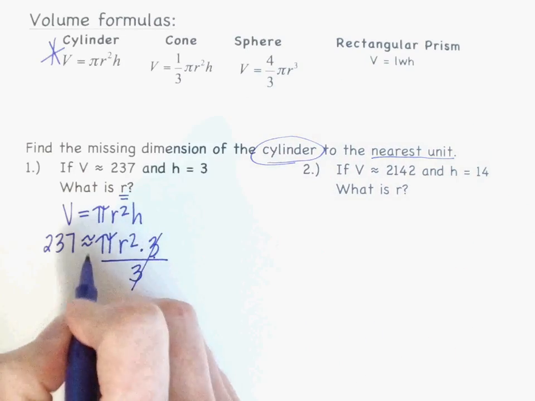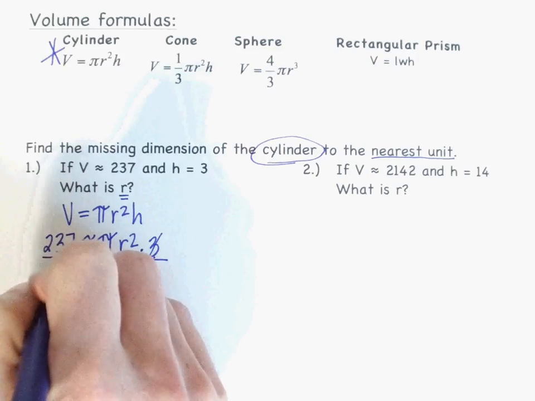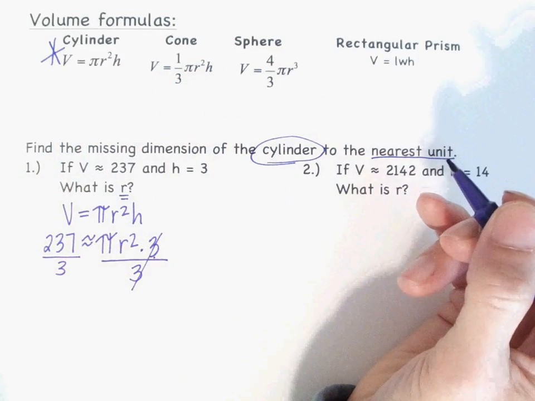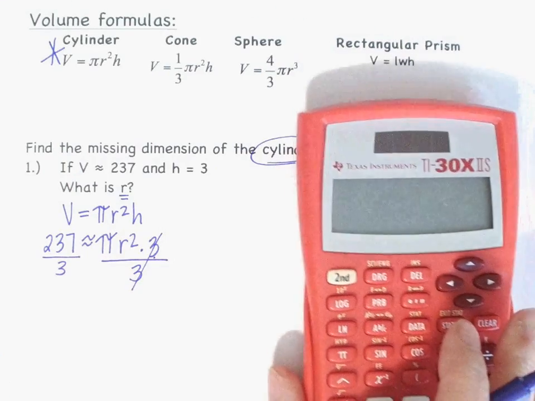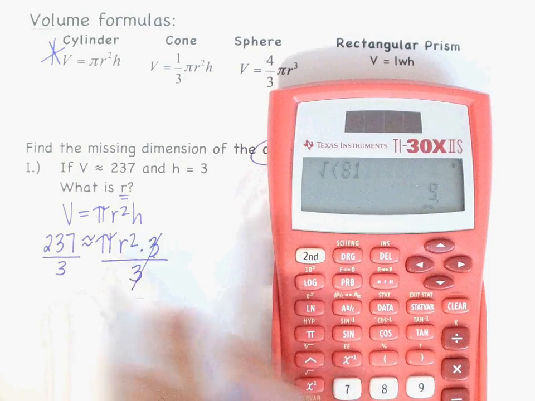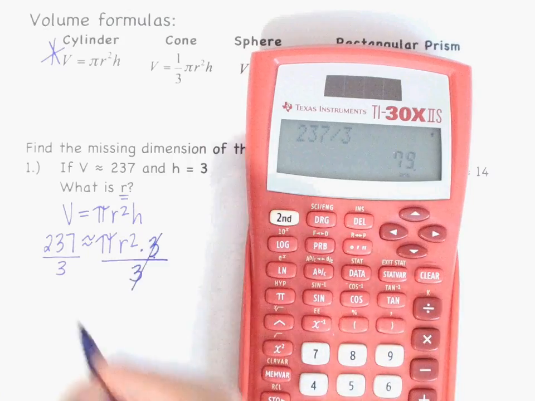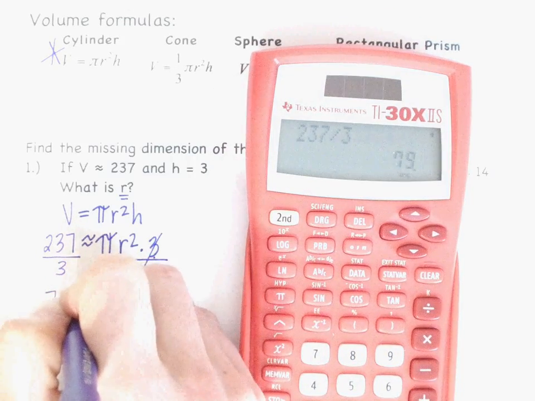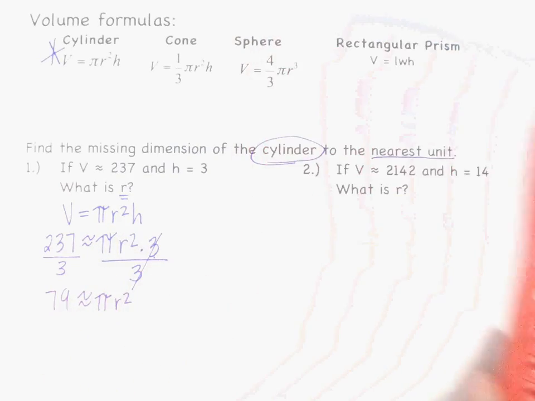But the rule is whenever we work with equal signs, that if we do it to one side, we have to do it to the other. That's the properties of equality with our equal signs. And so since I divided by 3 on the right, that canceled. On the left, I'm going to do 237 divided by 3, and I get 79. So I'll go ahead and write down 79 about pi r squared.